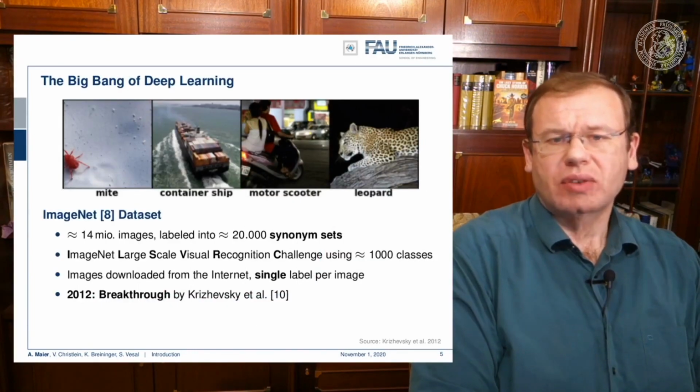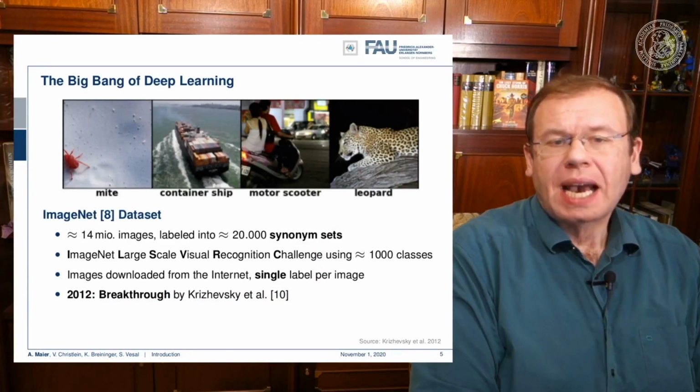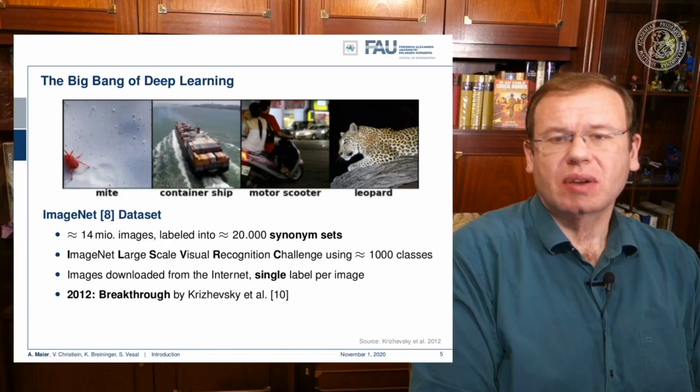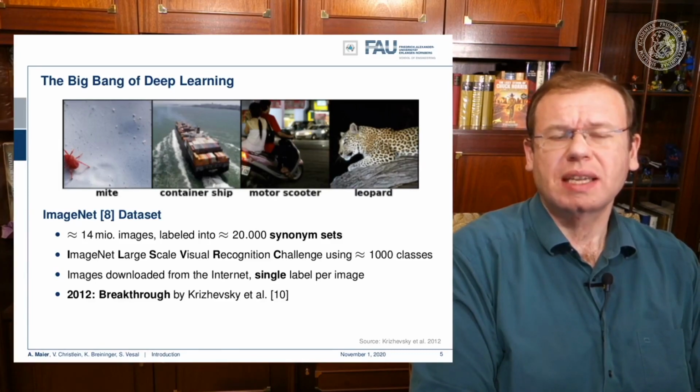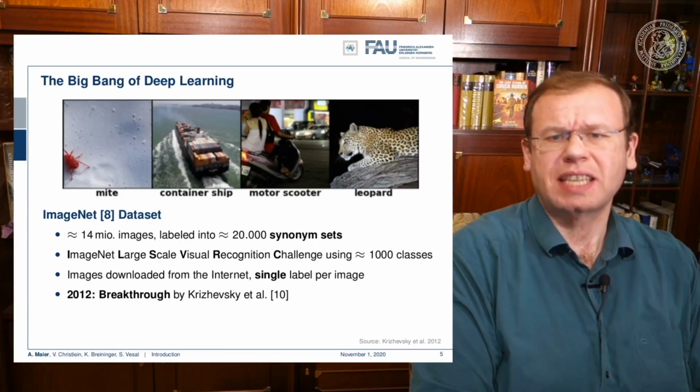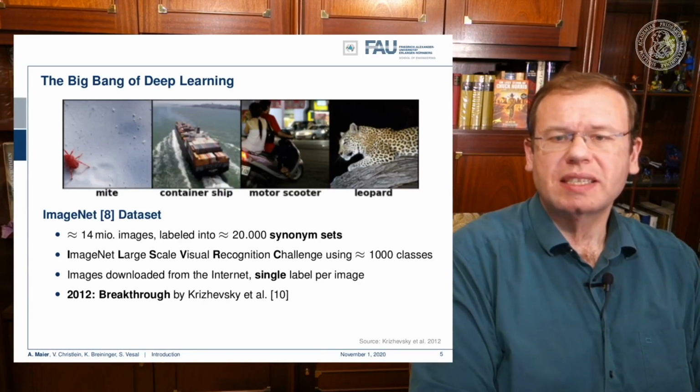Now, what are the interesting applications that we can aim at? So the big bang of deep learning came with the so-called ImageNet challenge. This is a really huge data set, and it has approximately 40 million images labeled into approximately 20,000 synonym sets. Emerging from this is the so-called ImageNet Large-Scale Visual Recognition Challenge that is using approximately 1,000 classes.